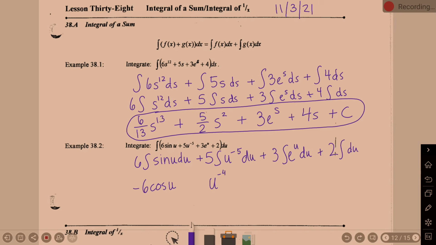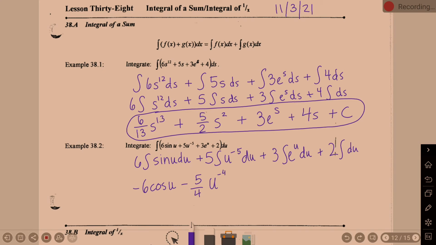And so it's like a -1/4 or u to the -4 over -4. We've also got a 5 out there though. So how am I going to put this together? So -5/4 is what I would write here. Or yes, plus negative, whatever. You guys know the equivalents.